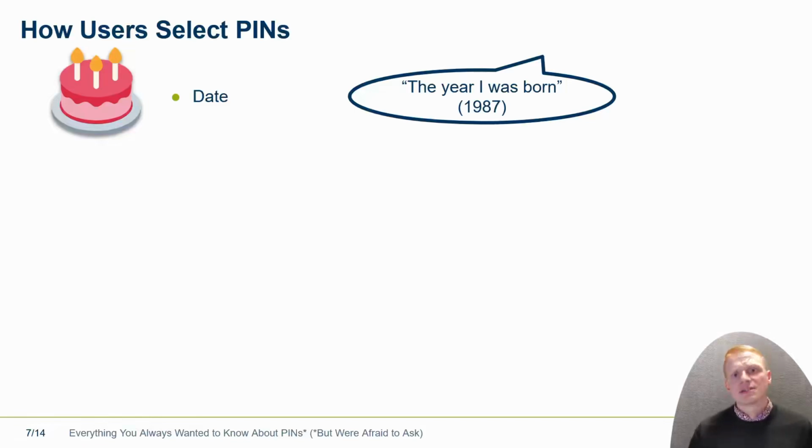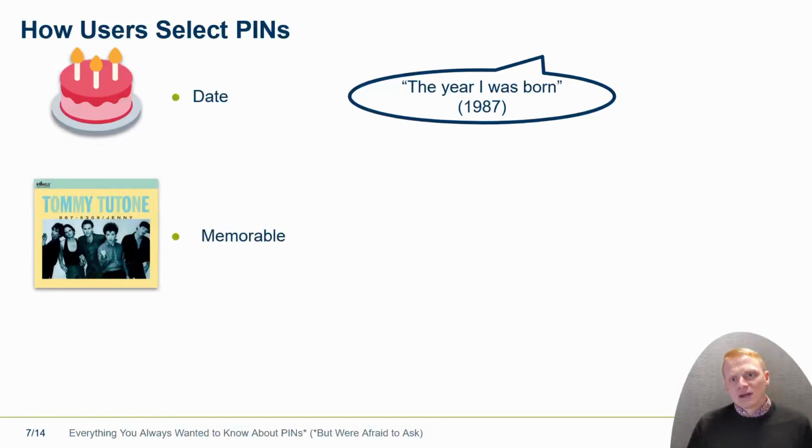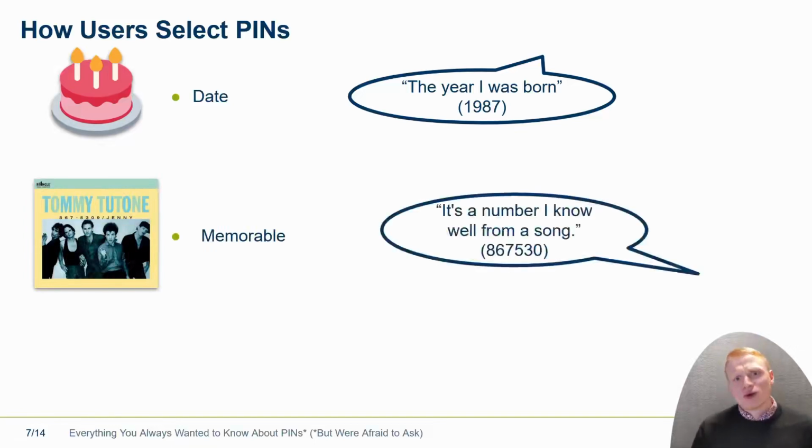But some other participants said that they selected something memorable in general, so not actually a date. One of our participants said, well, it's a number I know well from a song, and the number was 867530.